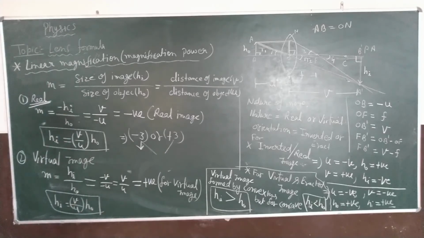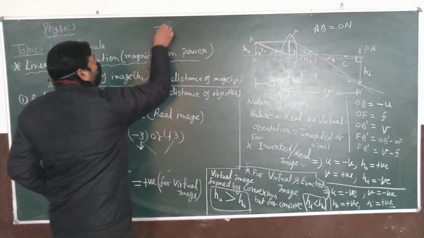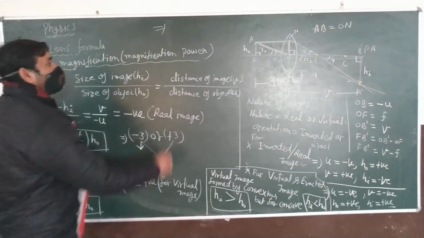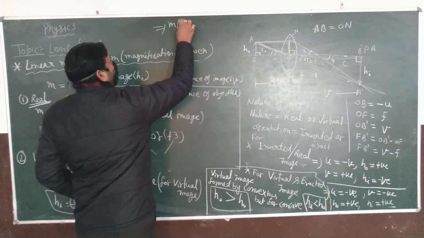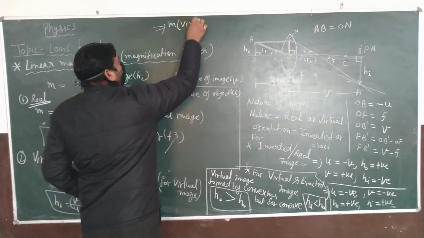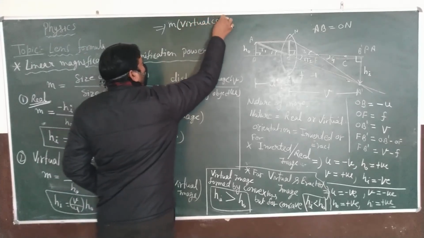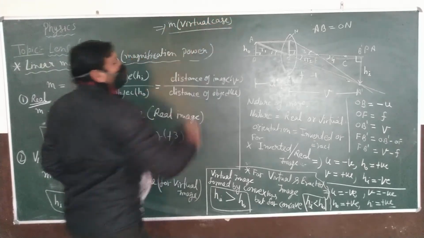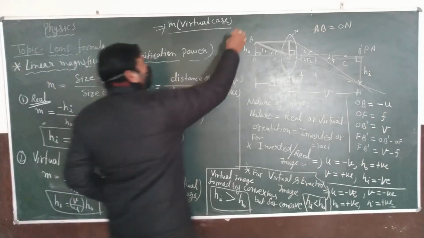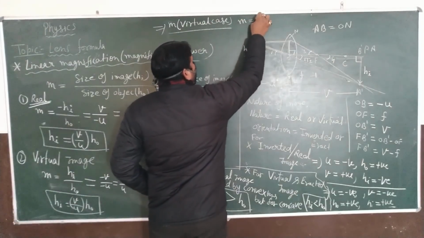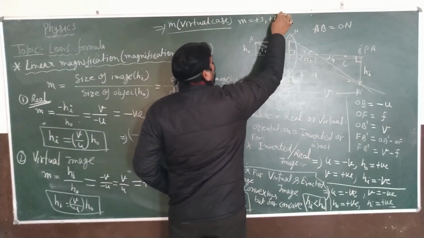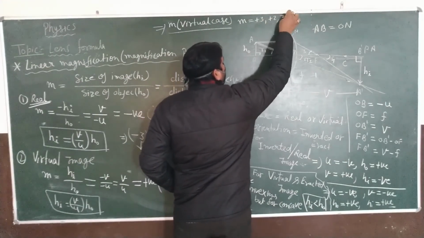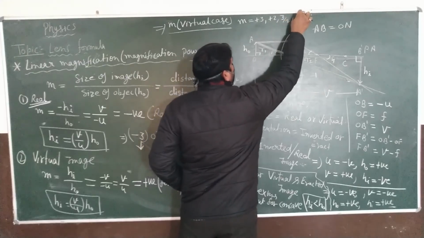This is all about the magnification produced by the lenses. Okay? Secondly, magnification for two cases. Magnification m for the virtual case: m is equal to plus 3, or plus 2, or 3 by 2, or 5 by 3.